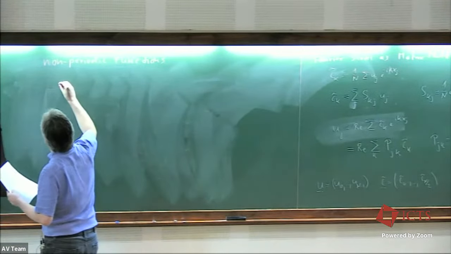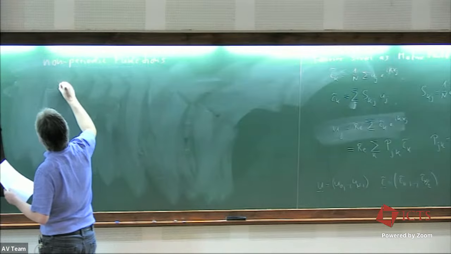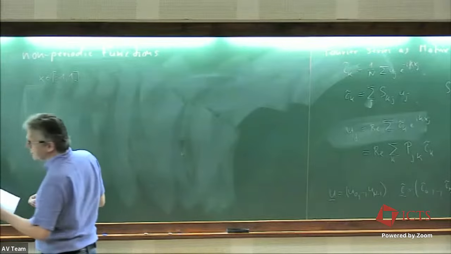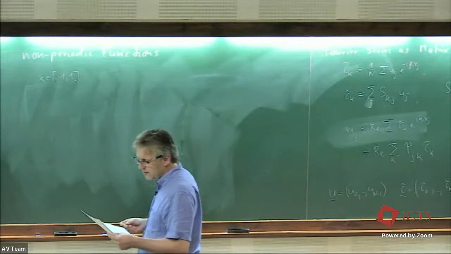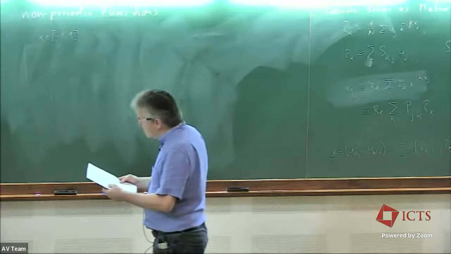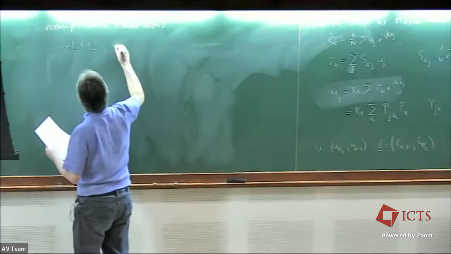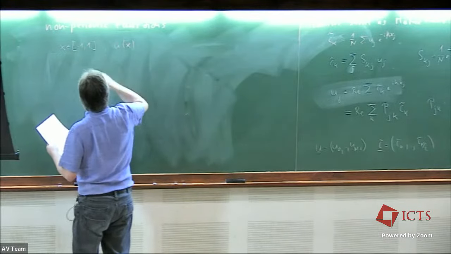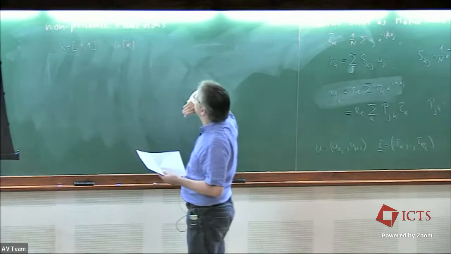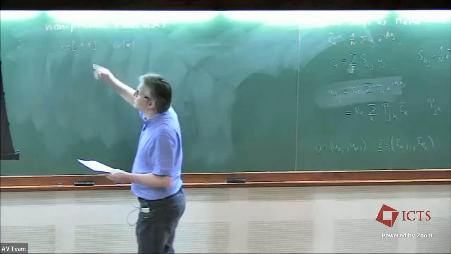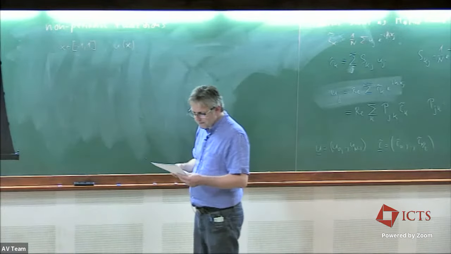We work on the interval -1 to 1 now, because this turns out is the most convenient one for Chebyshev polynomials. And we are still trying to approximate and interpolate and work with a function u of x, but now in this interval -1 to 1 instead of 0 to 2 pi.